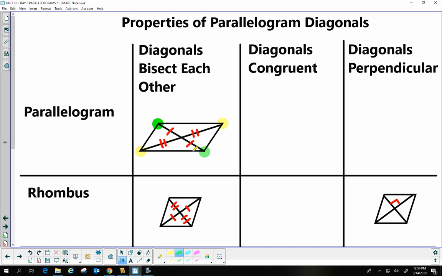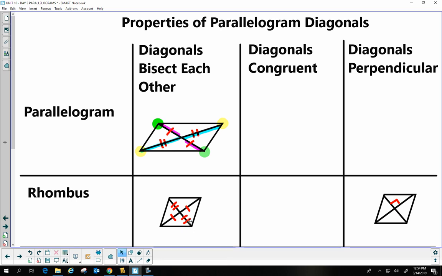In any parallelogram, the diagonals bisect each other. So that means this diagonal between the two yellow vertices makes two segments, that one and that one, that are the same length. This segment and this segment are the same length. And of course you can see that by the tick marks I put on there.